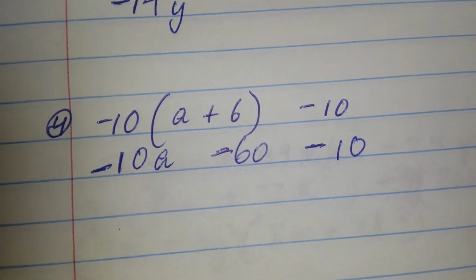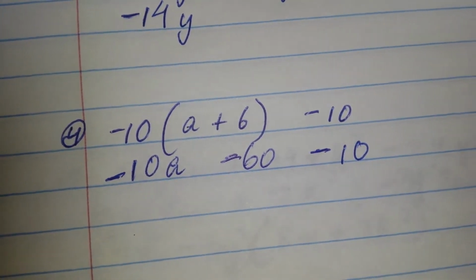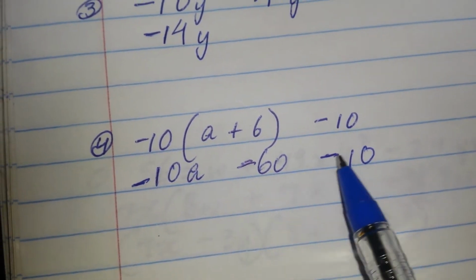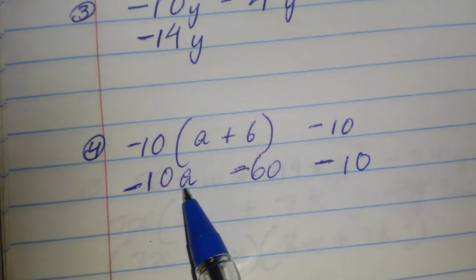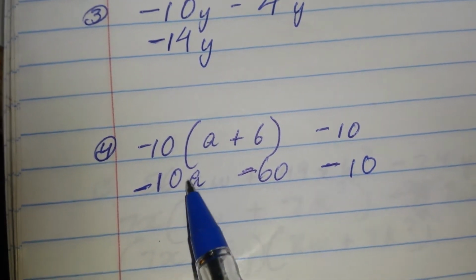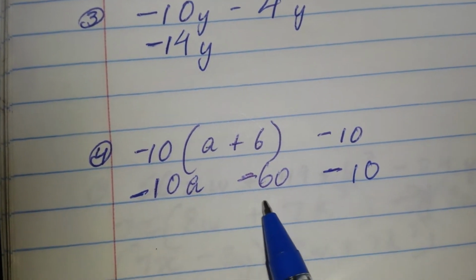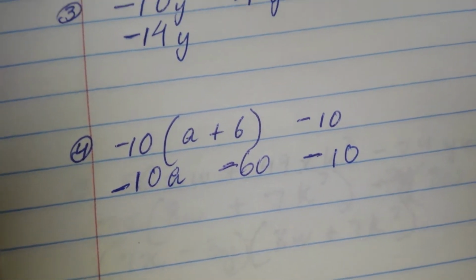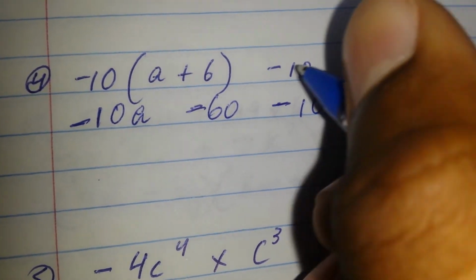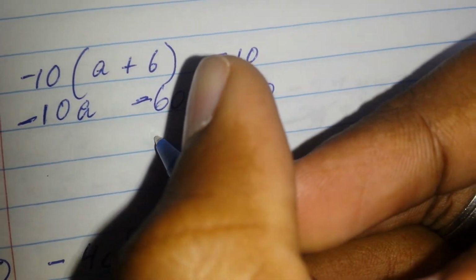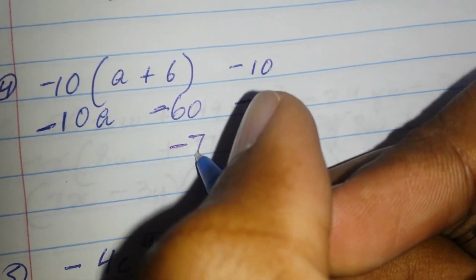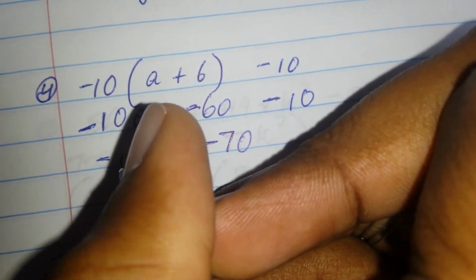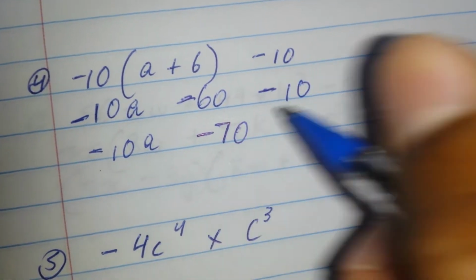We have minus 10a minus 60 minus 10. Now this cannot be simplified with anything because there isn't any term that has the variable a with it, so we can only simplify the minus 60 minus 10, which would give us minus 70. Right, and just the minus 10a, you just write it back.